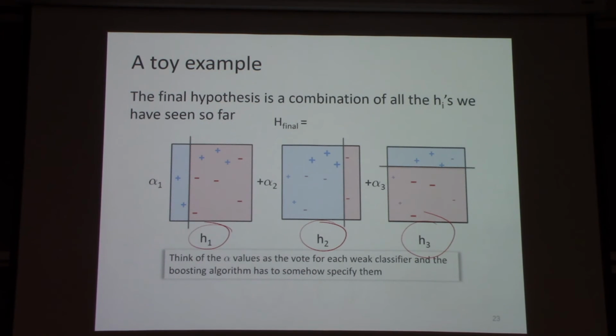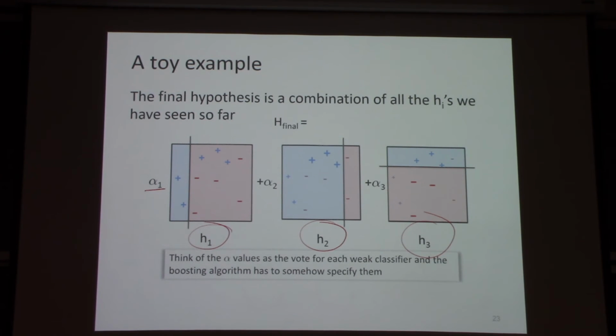It's election season, so it's good to think of voting. Each of these weak classifiers gets a vote, but they're not equally important. Each of them gets a different weight in the final classifier. H1 gets a vote of alpha 1, H2 gets a vote of alpha 2, H3 gets a vote of alpha 3 in its decision.